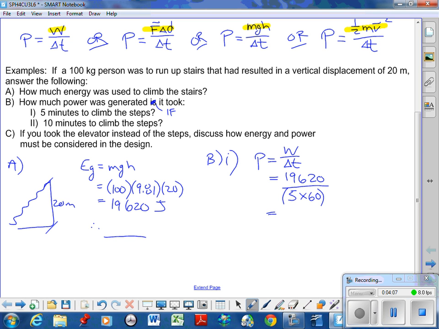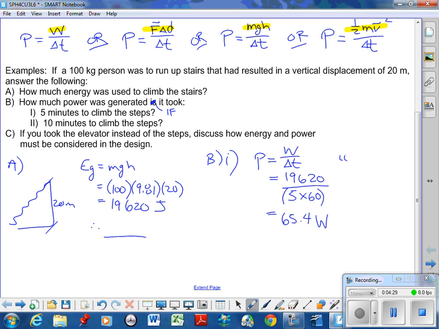And that will get you to seconds. All right, so doing a quick calculation, 19,620 divided by 5 times 60, bracket, gives us 65.4 watts. So this person, if they do it in 5 minutes, they had 65 watts of power.